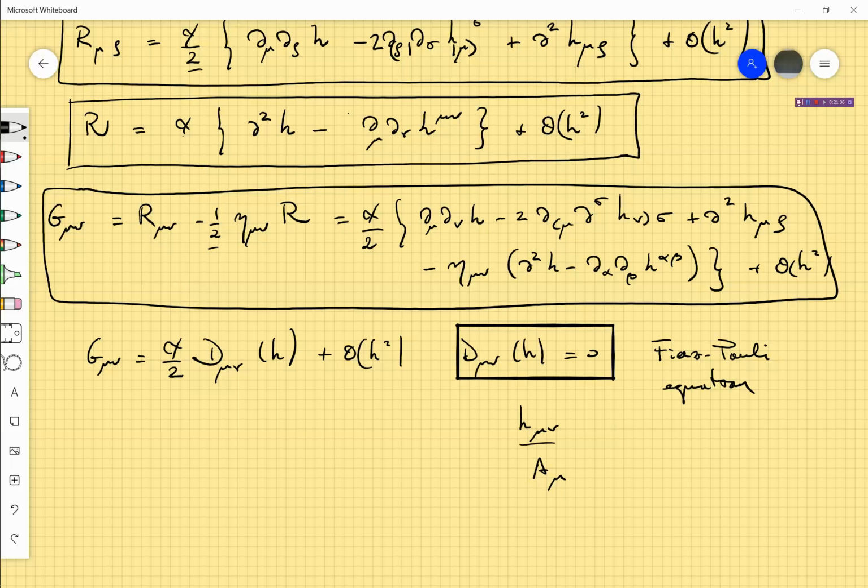H mu nu has a lot more components, and it's also meant to describe only the two polarization states of a massless spin 2 particle. So you need more symmetry. This is the action that has this symmetry. Okay, and they obtained it, and of course, from this point of view, this is a free spin 2 field. Indeed, there are no self-interactions of any kind, and there are no sources either.